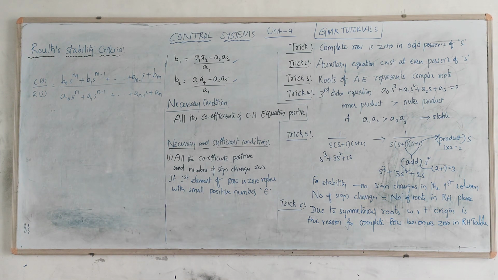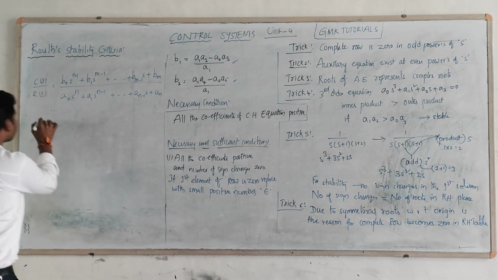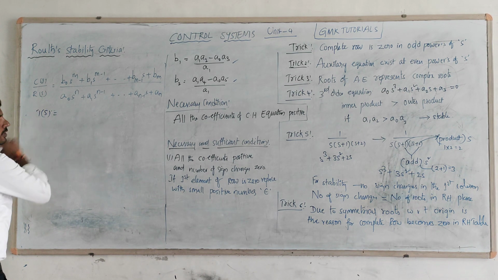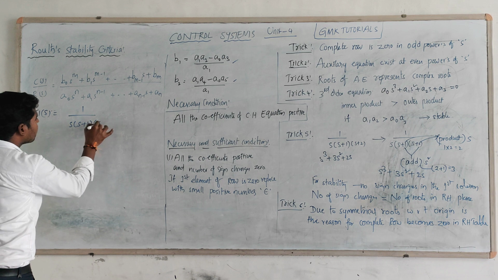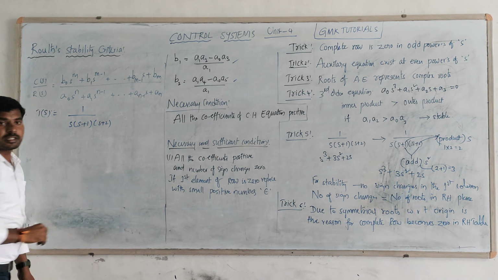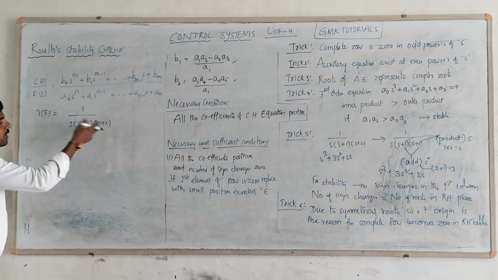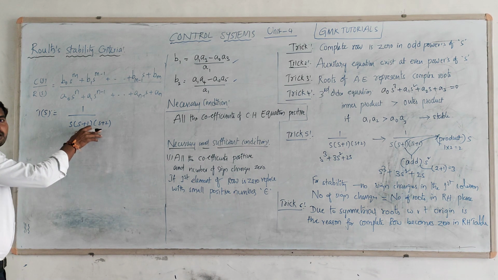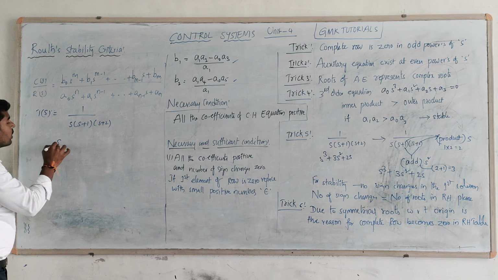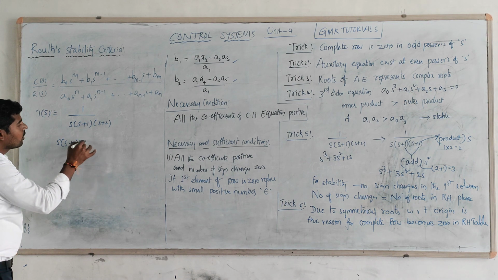So for the assumption, I will take one equation, the transfer function T of S equal to 1 by S into S plus 1, S plus 2. This is a generalized equation. To find the characteristic equation, obviously you need to calculate the complete equation. Following the general pattern, S into S plus 1, S plus 2.